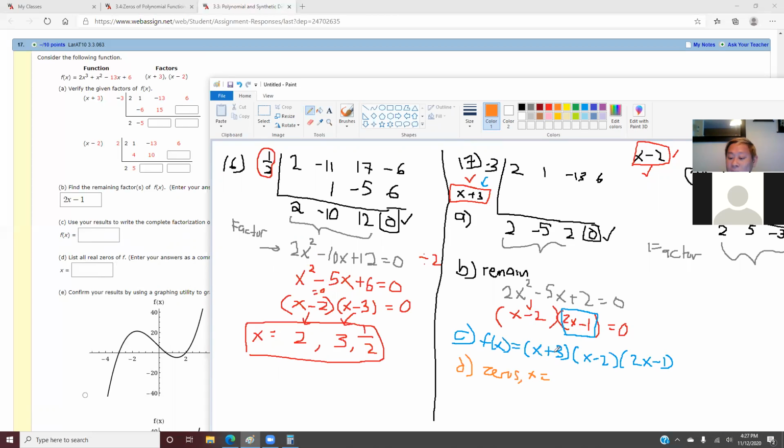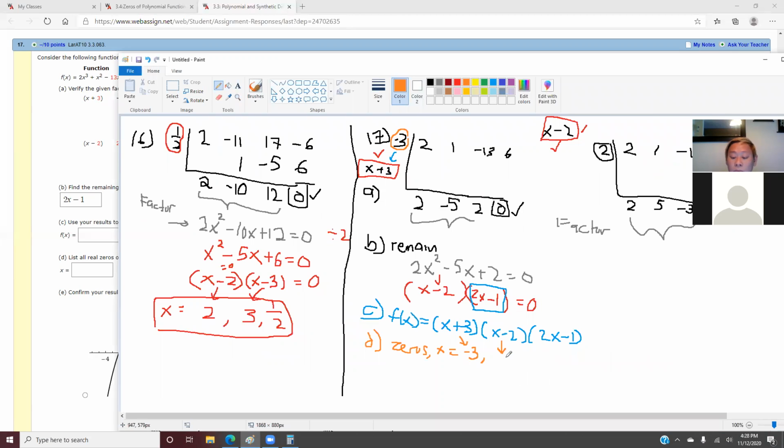So x plus 3, the zero is what? Negative 3. What's the zero for this one? 2. And what's the zero for that one? Equals 0. Solve it. Solve for x. If you cannot do it, you just put 2x minus 1 equals 0. Solve for x. And whatever you get, that is your answer.